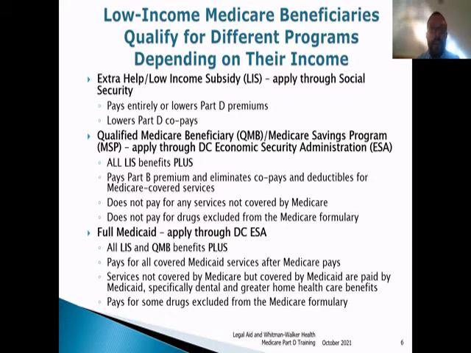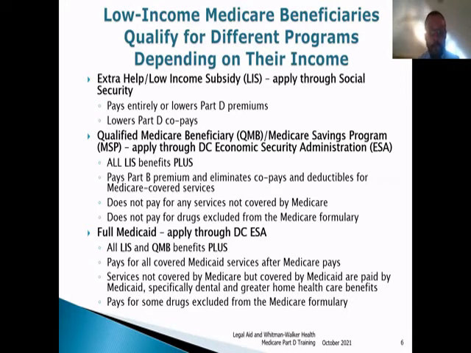That is paid for by QMB. It also eliminates the vast majority or even all co-payments and deductibles for Medicare covered services. So when people go see their Medicare doctor, or if they're referred to a specialist that accepts Medicare, QMB should essentially pay for any of the traditional Medicare costs that would otherwise go directly to the Medicare enrollee.